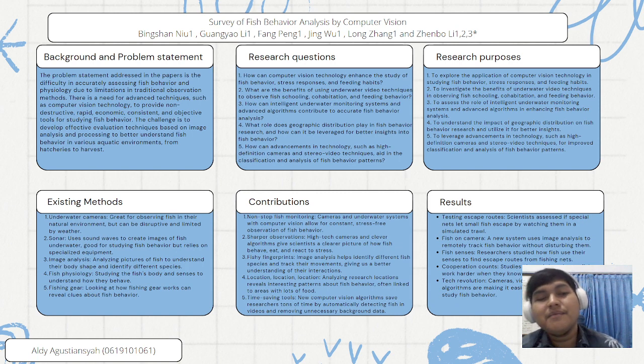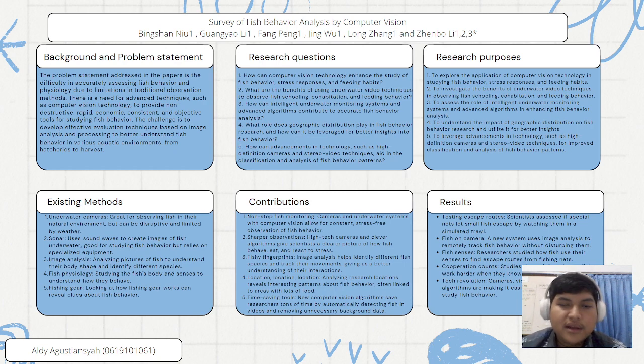So the existing methods for this research are going to be: 1. Underwater cameras. 2. Sonars. 3. Image analysis. 4. Fish psychology. 5. Fishing gear. Contribution.